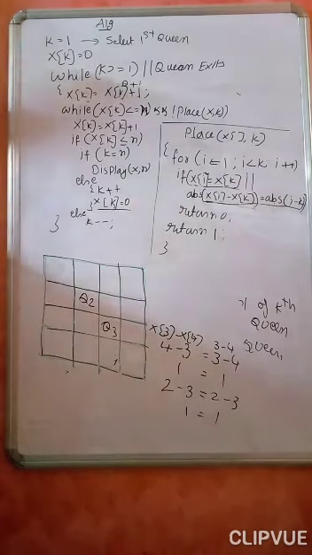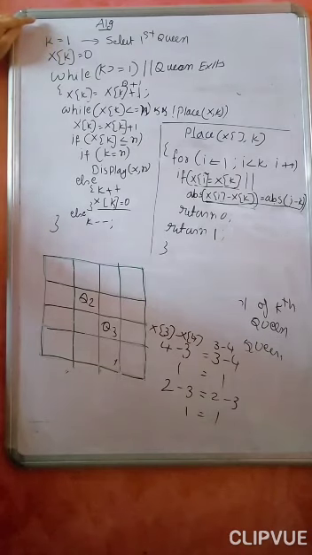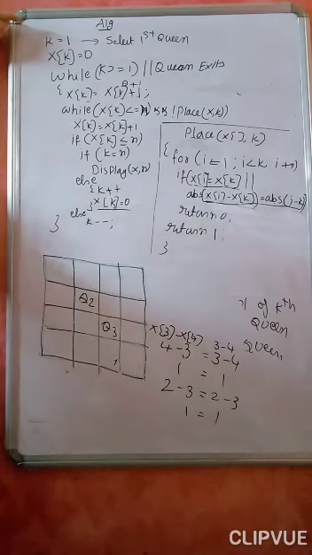Now you come to this particular main algorithm. So in the main algorithm, first we are calling N-Queen of n, the number of queens that will be given.